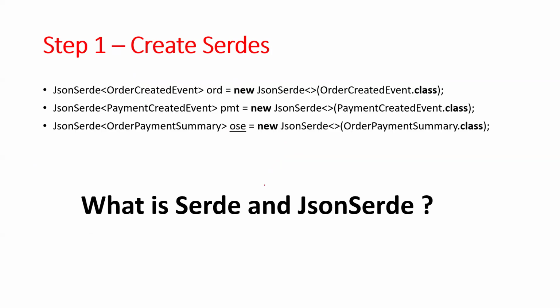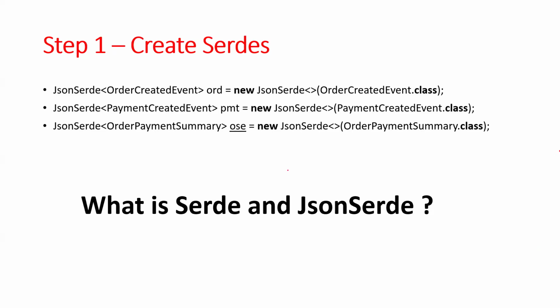Step one, we need to create SerDe. Just now we discussed what is SerDe and JsonSerde here, guys. Now suppose you are receiving two events from two microservices. What kind of objects are you getting?